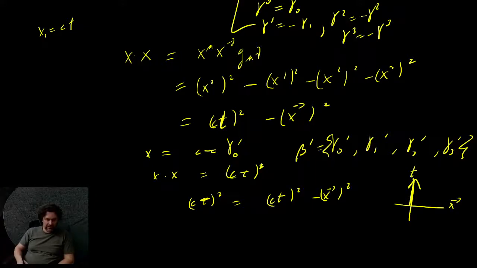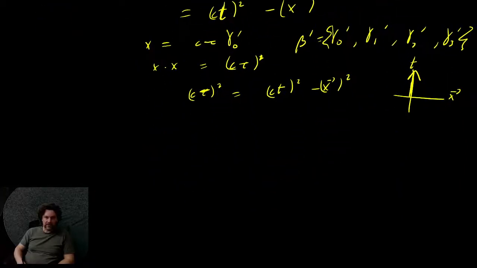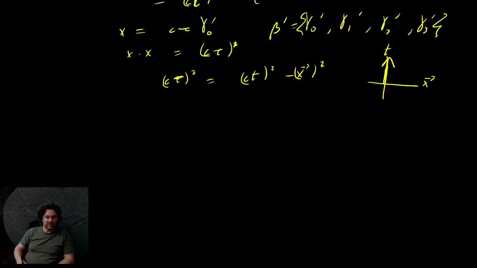Let's look at how this translates to velocities. So if we were to take a 4-vector x, x^mu gamma_mu, and take its derivative with respect to time, then this is not going to be an invariant quantity because time is not an invariant quantity.